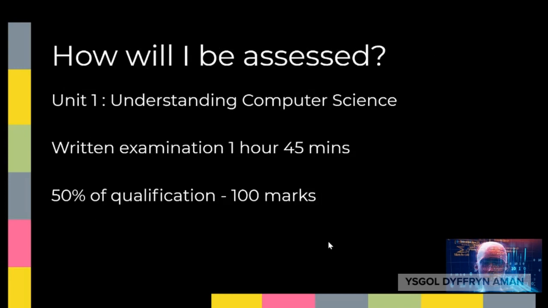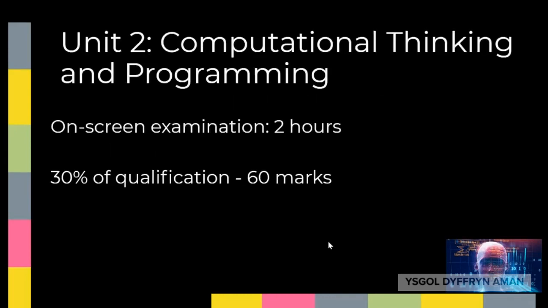How will I be assessed? Unit 1, Understanding Computer Science, is a written examination which will last for 1 hour and 45 minutes. It's worth 50% of the overall qualification and 100 marks. Unit 2, the Computational Thinking and Programming, is an on-screen exam for 2 hours where they'll be asked to create a game with a certain set of criteria.